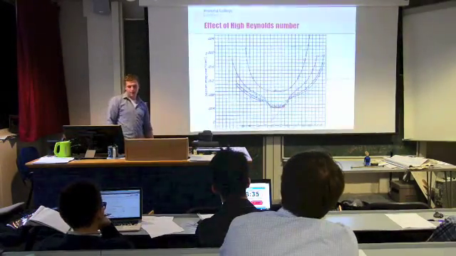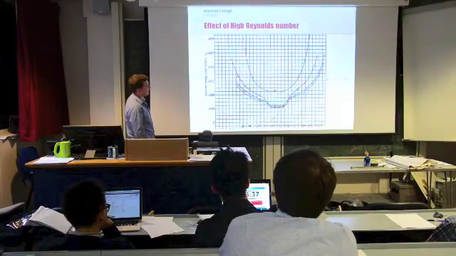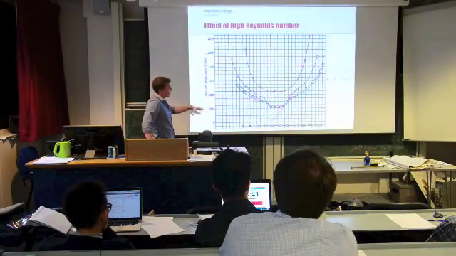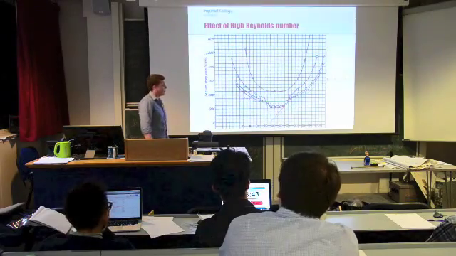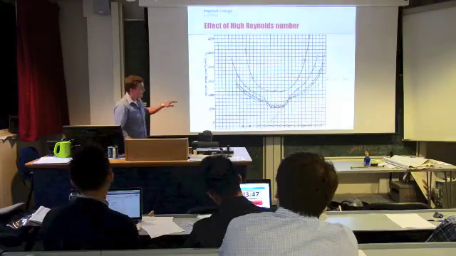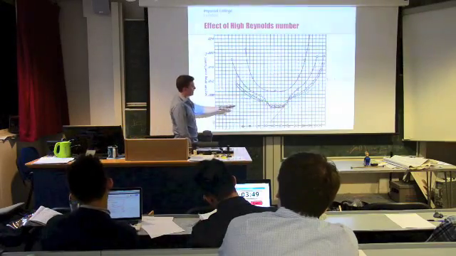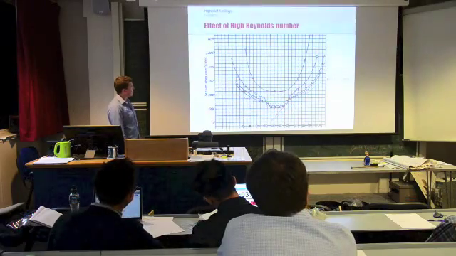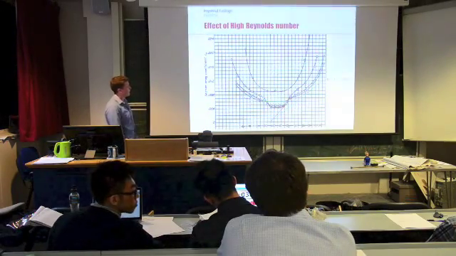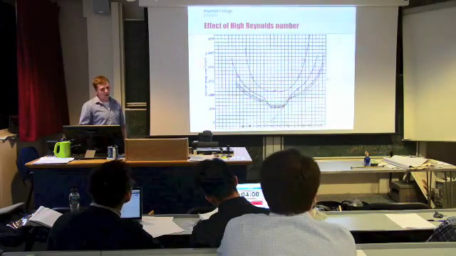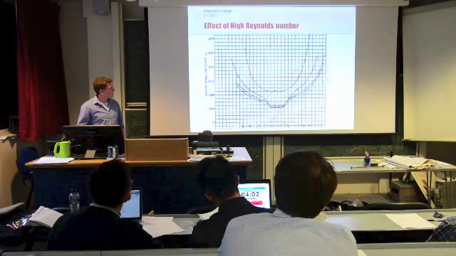Based on that, we extrapolated the lift to drag curve for a Reynolds number of 30 million, which doesn't have a laminar bucket anymore, so it's kind of flattened out. Based on this, we expect a drag increase of around 12 to 13% relative to the low Reynolds number estimate.